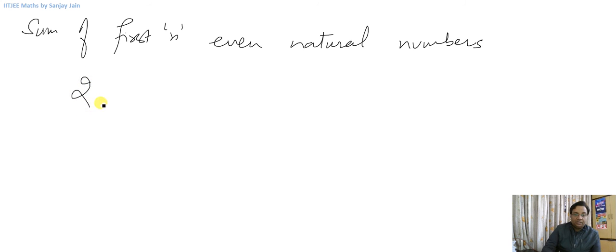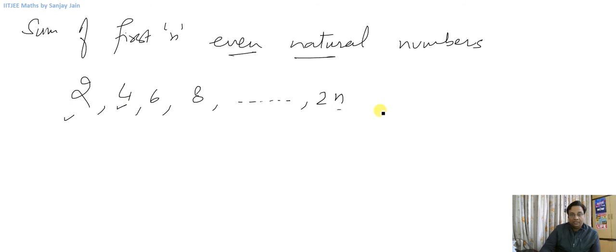First even natural number is 2, then 4, 6, 8, right? We will go up to nth even natural number, which will be 2n, right? Because if I put n equal to 1, I'll get 2. If I put n equal to 2, I'll get 4, right? So this is the sum that I need now.